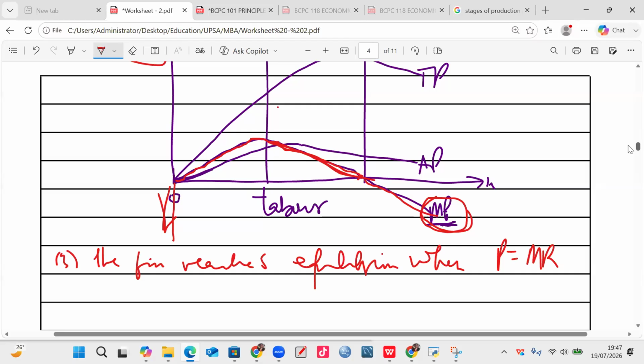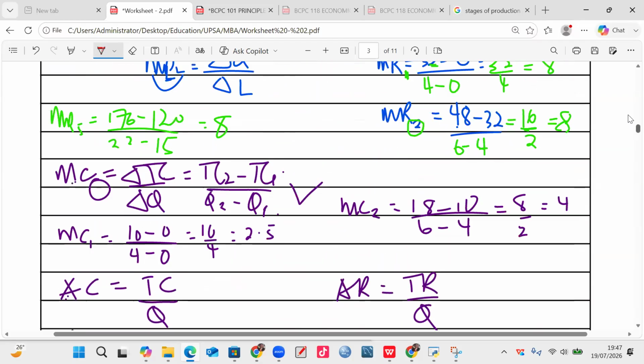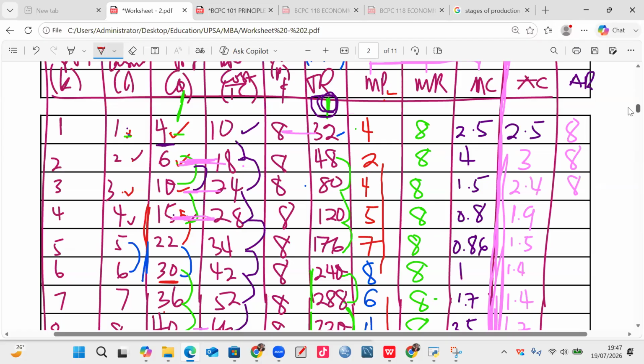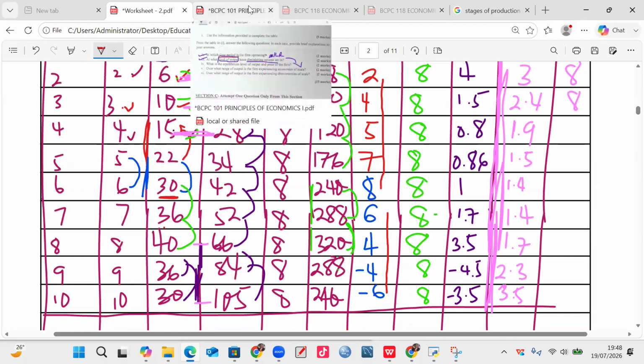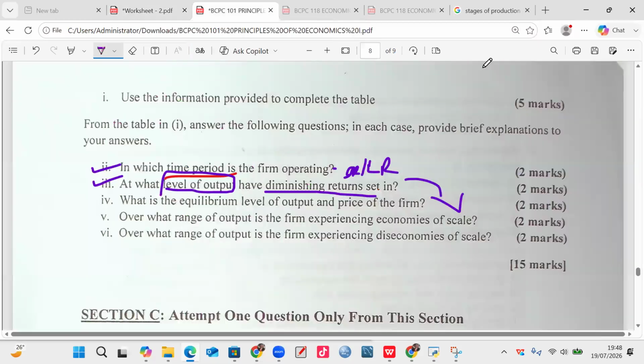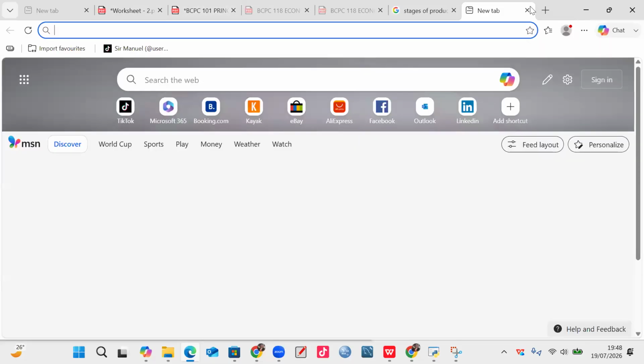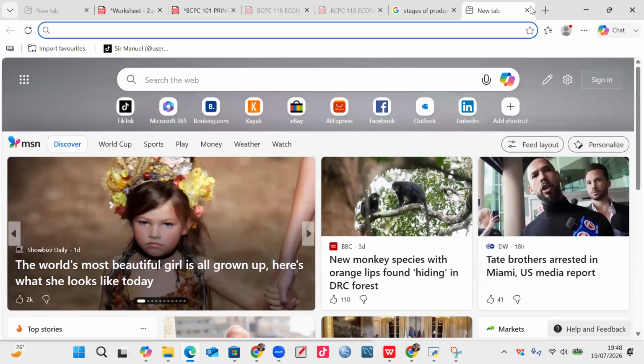In fact, they are all the same. They are all 8, 8, 8, 8, 8. So let's see where they get equilibrium. What is the equilibrium level of what? Outputs. Okay, let's find out here.